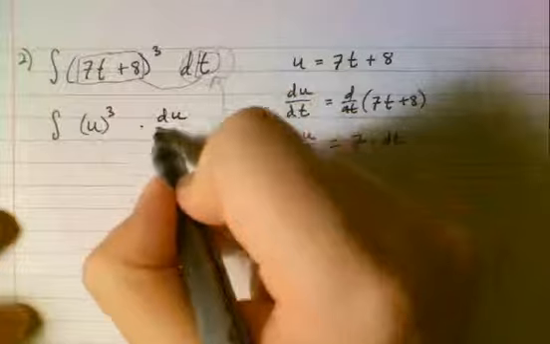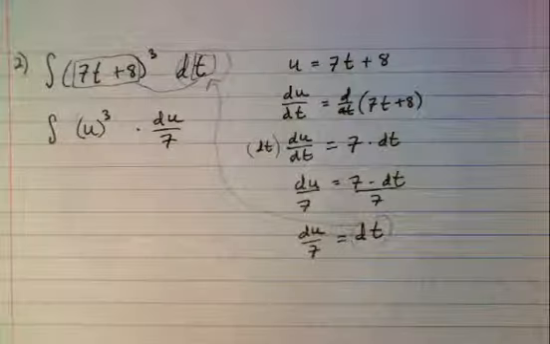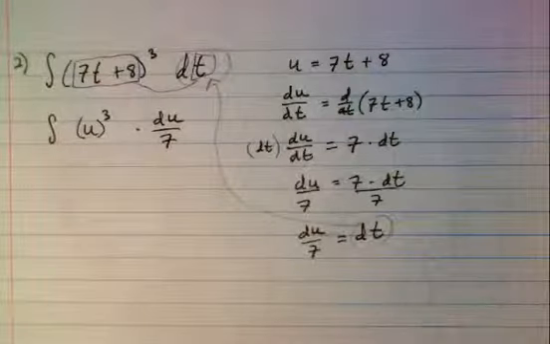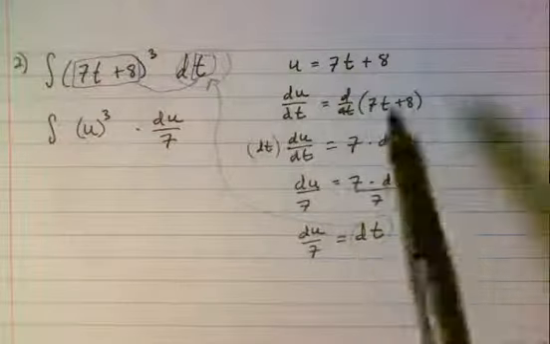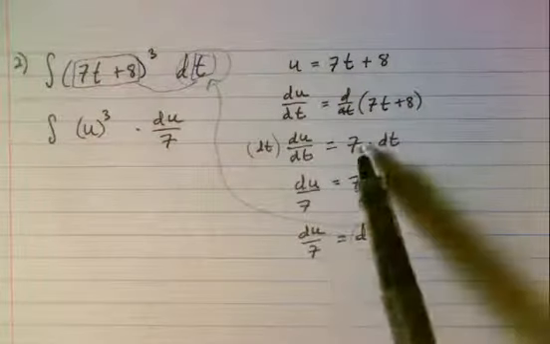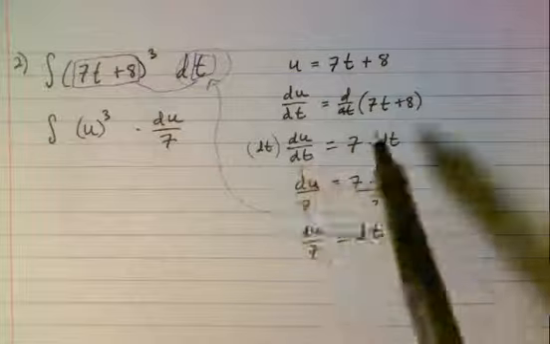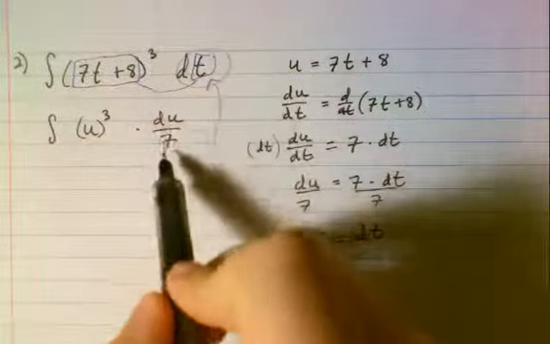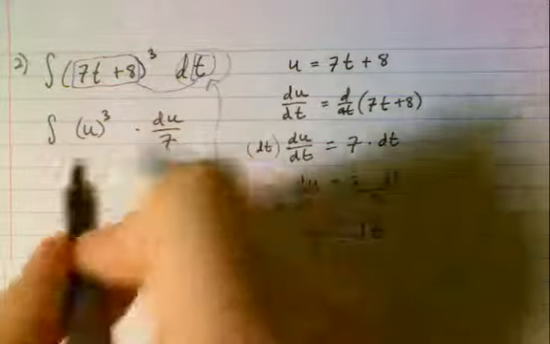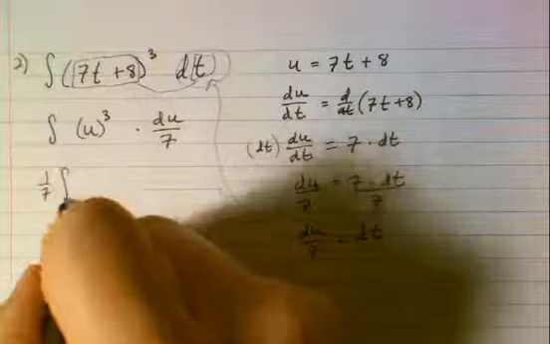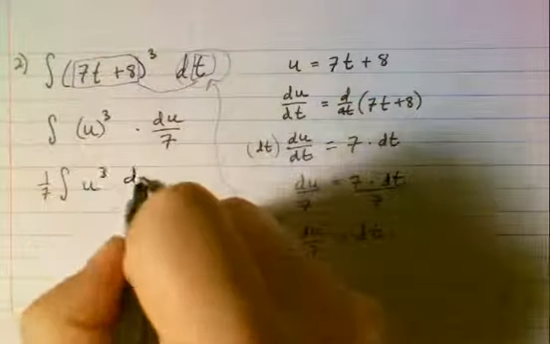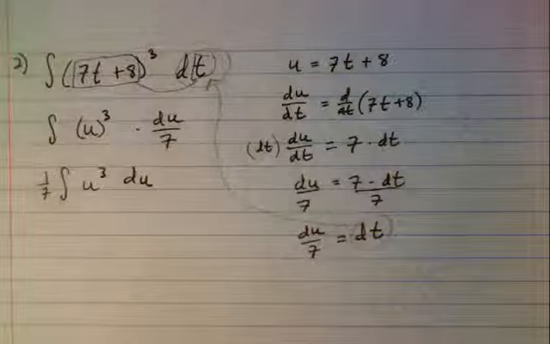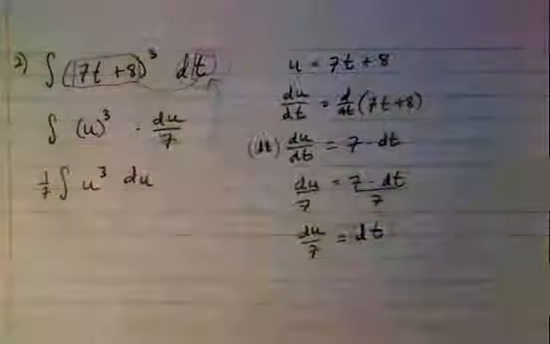So du over 7. There are a couple of things you need to become really fluent in, really automatic in. Getting from here to here should be really fast. You can also just see that these are going to switch. Also, when you see du over 7, that should automatically register as 1/7. That 7 needs to stay in the denominator, u to the 3rd du. Now we can use that power rule just like we did over here.